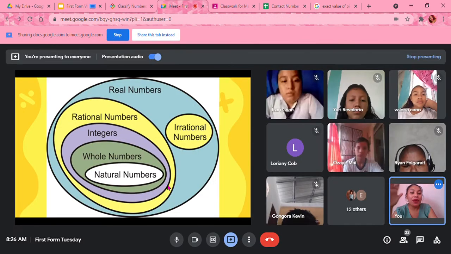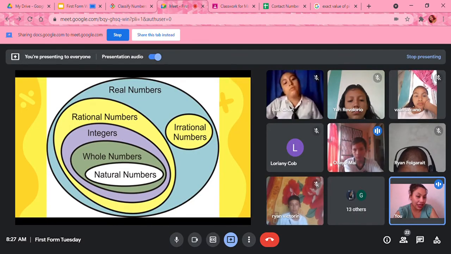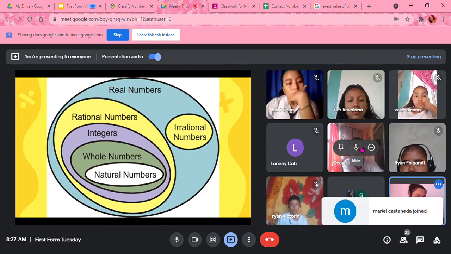Because 10 is a natural number, it is also whole, integer, rational, and real, because natural numbers are right here in the middle of everything else. Right?